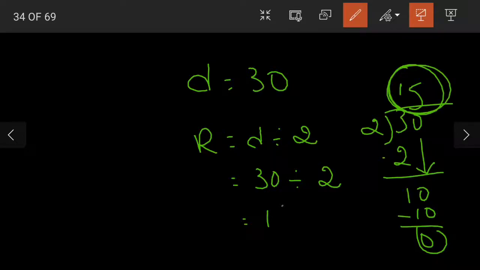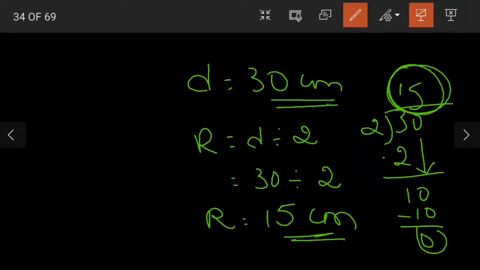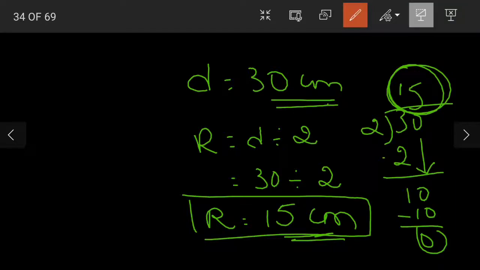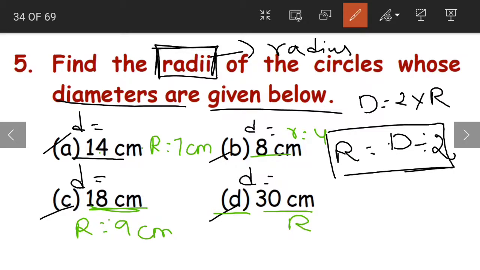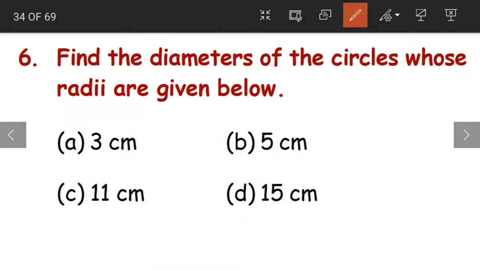So what is the answer here, children? 15 centimeters. As the diameter was given in centimeters, we have to write the radius also in centimeters. So the radius for the given question is 15 centimeters. I hope this is clear. That is how to find out the radius of the circle when the diameter is given.